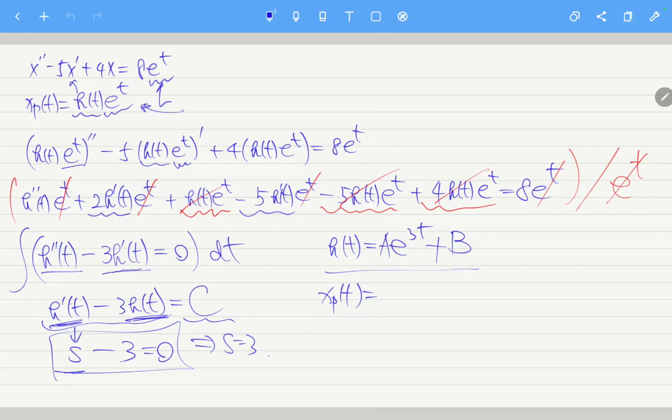Okay, so it becomes something like a e to the 3t plus b e to the t.